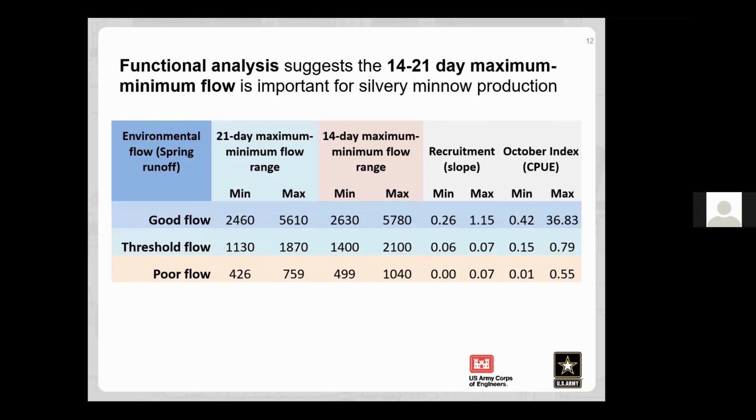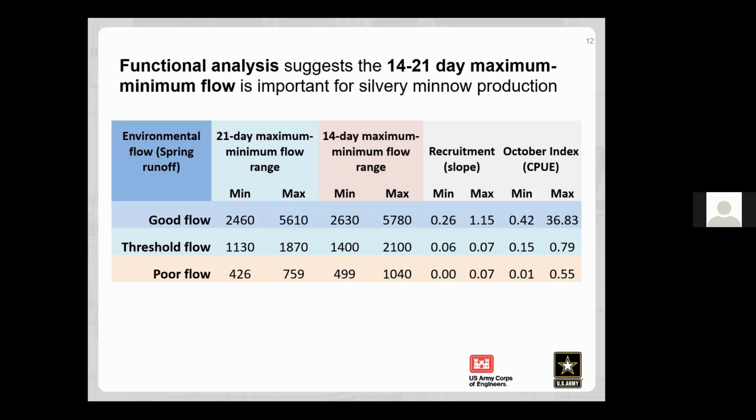So, just focusing on the 14 and 21 day maximum minimum flow ranges: flows above 2400 CFS for 21 days or shorter tended to have really good recruitment slopes and produced better October indices.